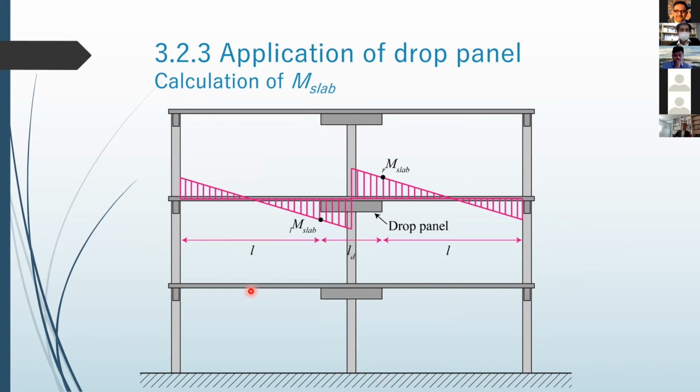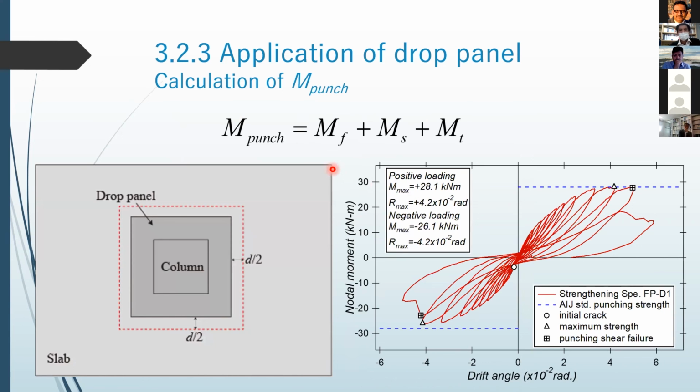This is an image of calculation of M slab. It is quite similar to the case of the wing wall. So the critical section is moved to the edge of the drop panel, and we can calculate the nodal moment at the flexural yielding of the slab. And this is the image of calculation of punching shear strength. The critical section is enlarged by installing the drop panel, as shown in this figure.